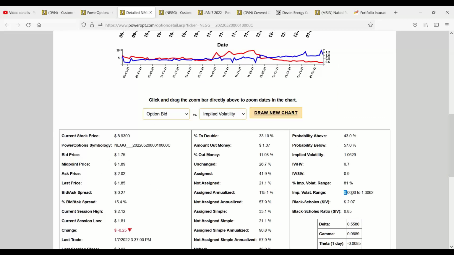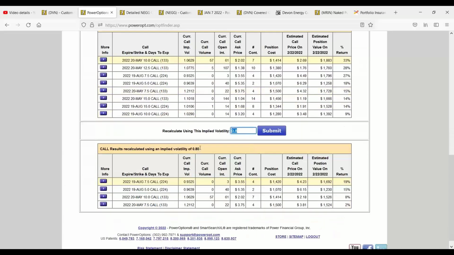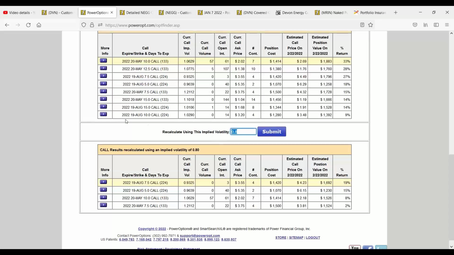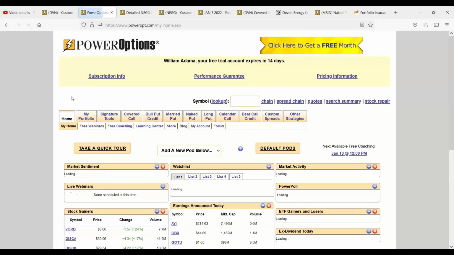What would happen if it fell back to a norm of say 0.5 or 0.6? Then go back to the long option finder, change that volatility and see how it would affect the position. In this case, it shows that the August 7.5 call would give us the best return of 19% if all the options fell from this 1.06, 1.2 range down to 0.8 as well. All right, that's going to help you with that scenario.